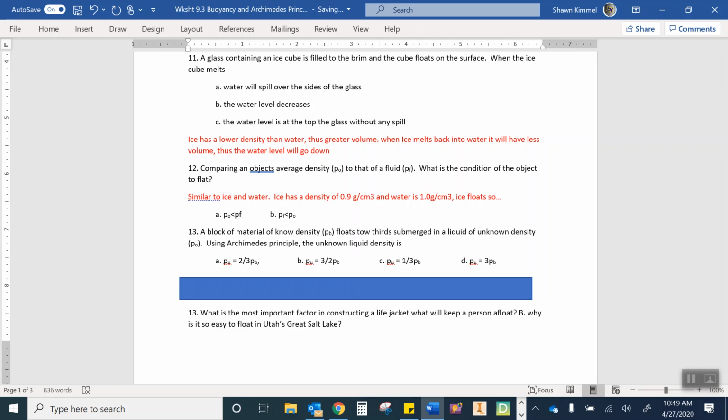Ice floats. So what do we know? The object's density has to be lower than the fluid's density if you want something to float. That's why ice floats: when it freezes, it gains volume, which means its density goes down, and that's why it's able to float in water.